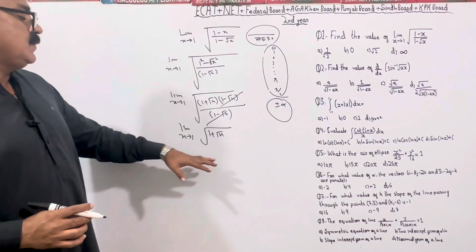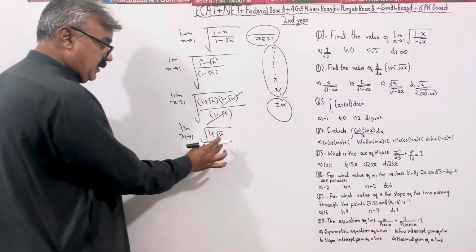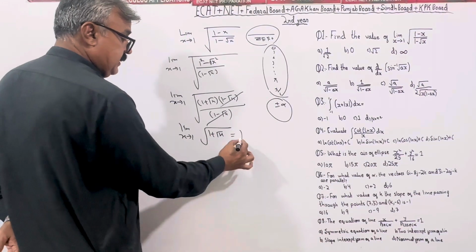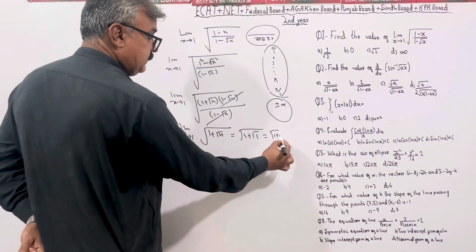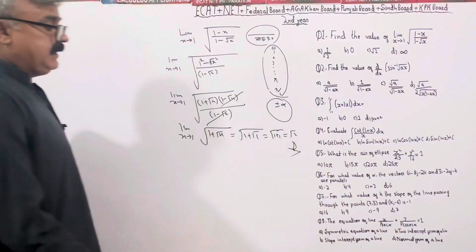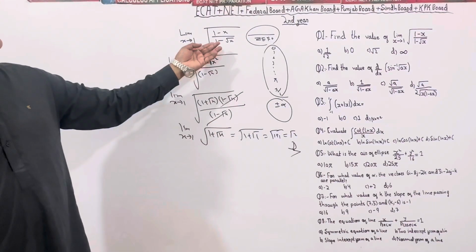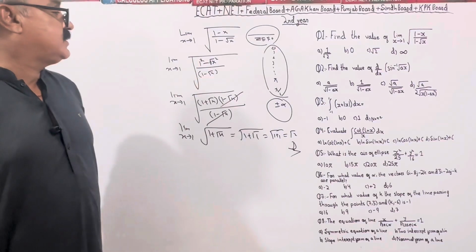Now there is no more denominator. The denominator is altogether removed. Now put the limit: 1 plus root 1, it's 1 plus 1, so under root 2 is our answer. Such a type of singular point is known as a regular singular point or removable discontinuity.